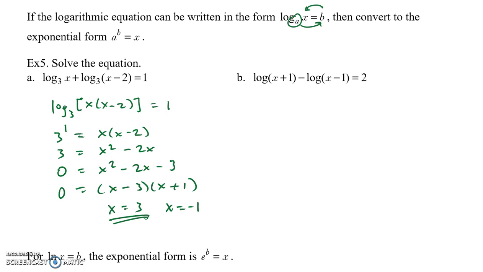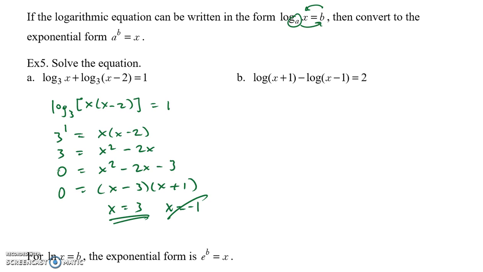And so here is our first official example of an extraneous solution. So we need to just discard that as a solution. So this equation has only one solution, x equals 3.